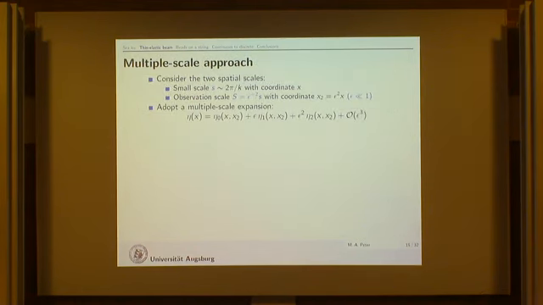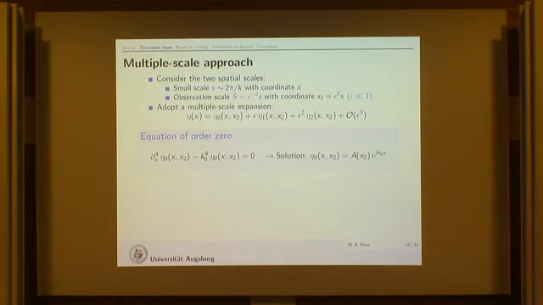So I can use an asymptotic analysis approach by introducing an auxiliary coordinate, say x2, which is just epsilon squared times the local coordinate, with small epsilon to get this scale difference, and I assume I can expand my deflection in this multiple scale way. Then I plug it into the equations and collect terms of the same order.